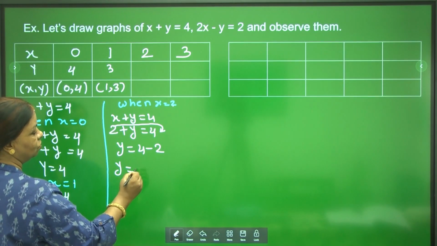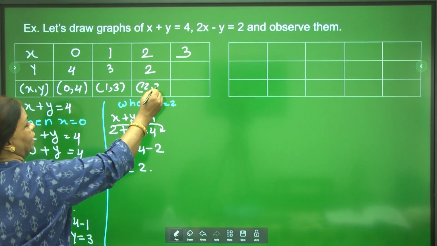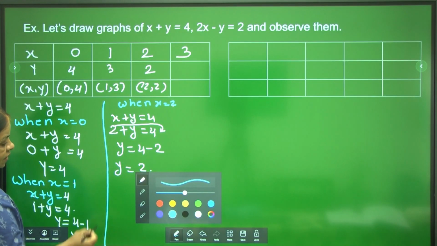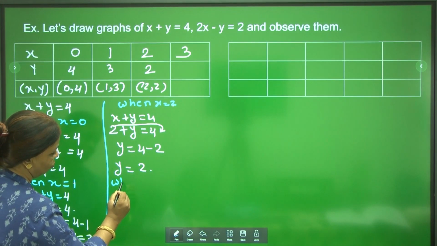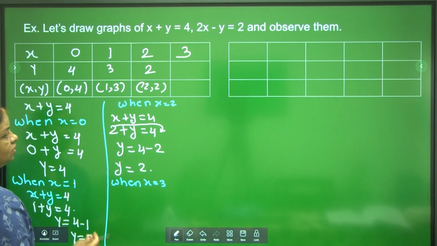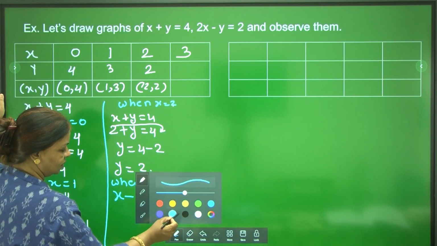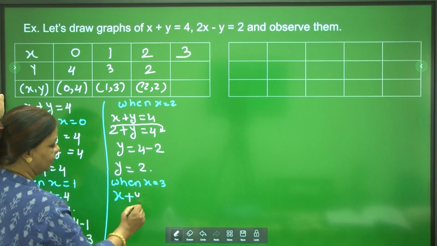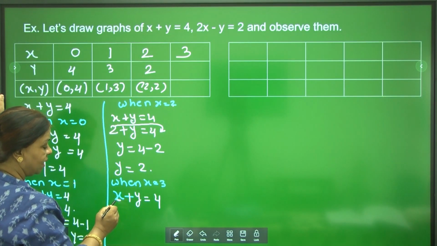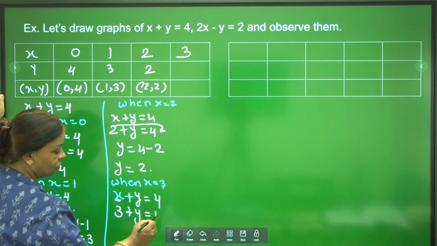So y is equal to 2, your coordinate will be 2, 2. So when x is equal to 3, our equation is x plus y is equal to 4. In place of x, children, I will write 3. 3 plus y is equal to 4.